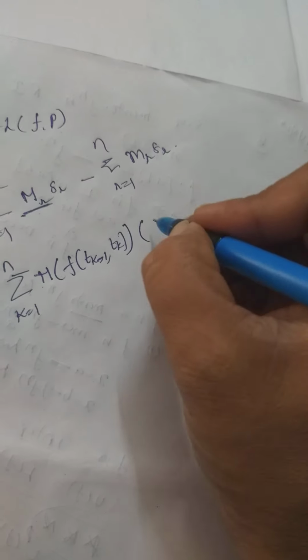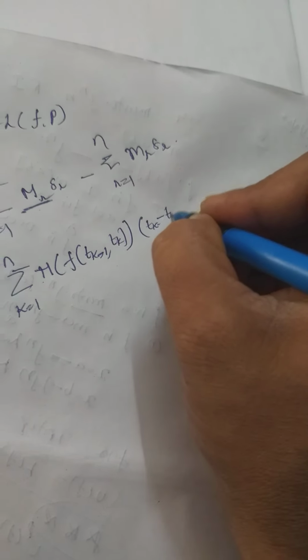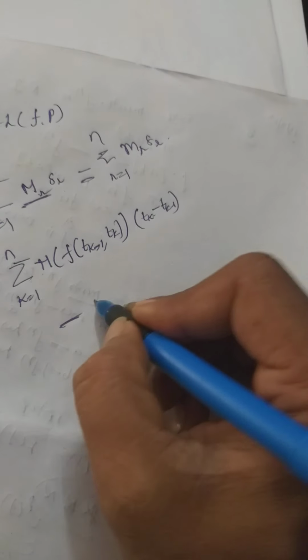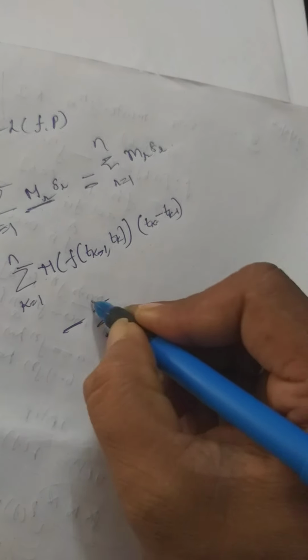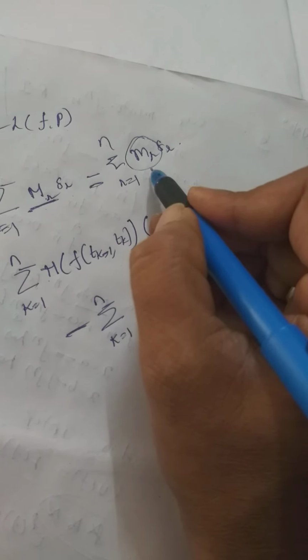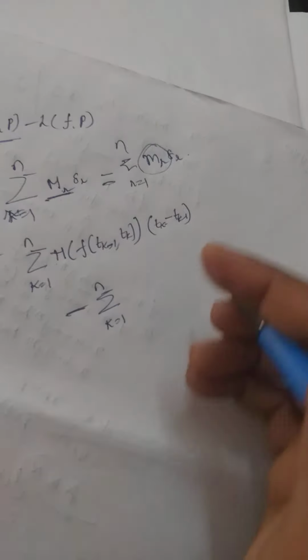Into delta r means the length of the kth subinterval. Here the kth subinterval is t_k minus t_(k-1). Minus summation k running from 1 to n. Small m_r means the infimum of the function on the rth subinterval, that is in general.